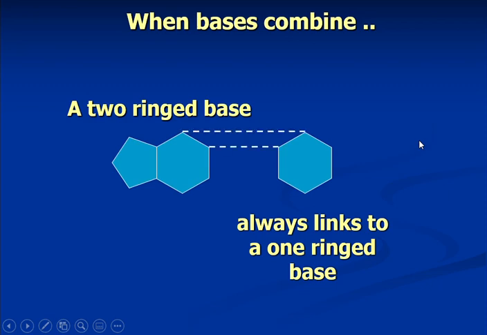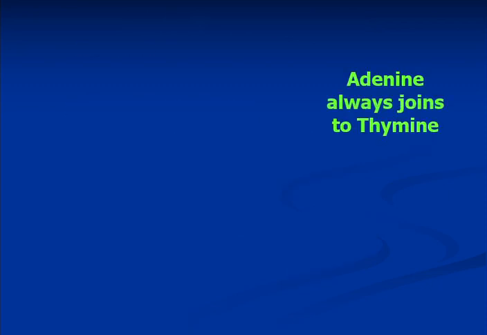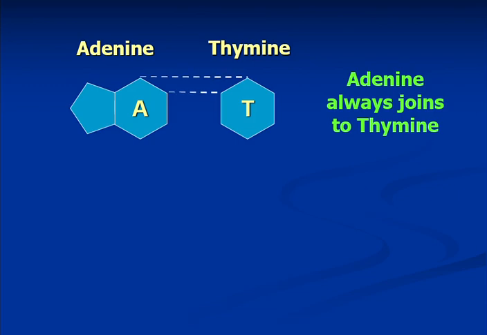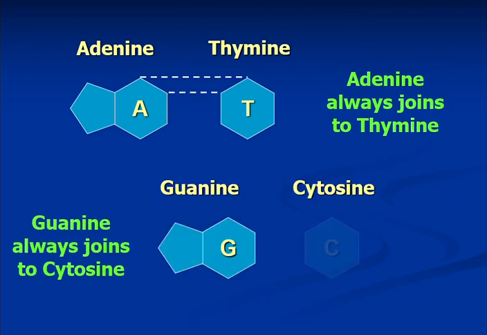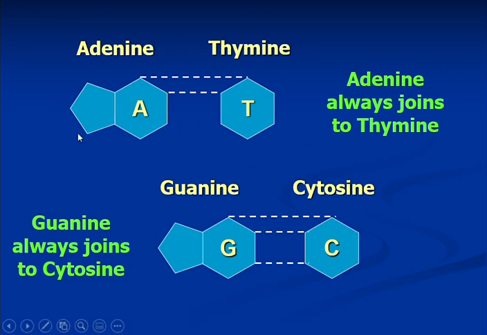So how do these actually work? Adenine will always join with thymine, and guanine will always join with cytosine. And it works the same the other way. If I've got thymine on the one side, it will be adenine on the other side. If it's cytosine on one side, it will be guanine on the other side.